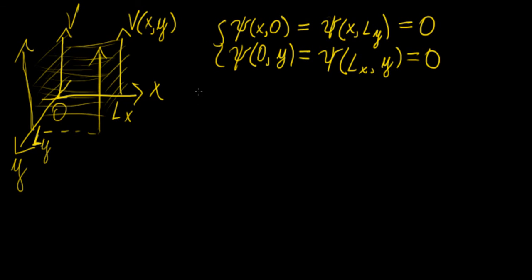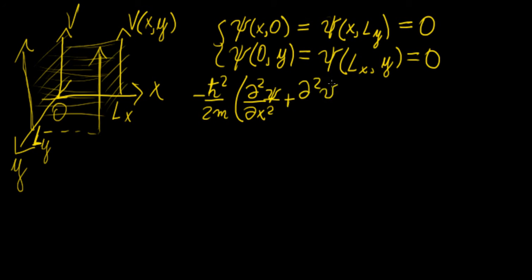And now the Schrödinger equation is going to become, we can just derive it: minus ħ squared over 2m times two partial derivatives, the first one with respect to x, plus the second one with respect to y, just like that.